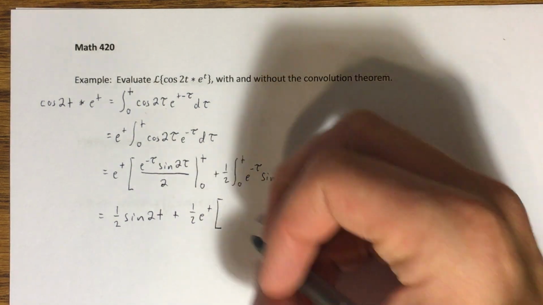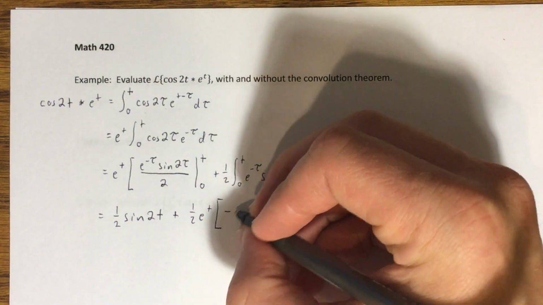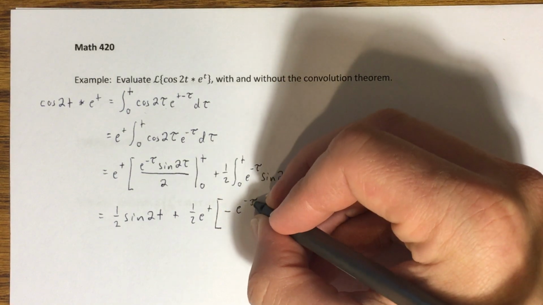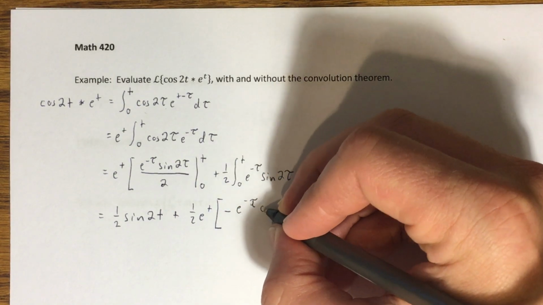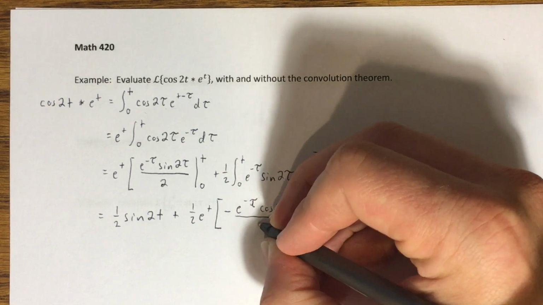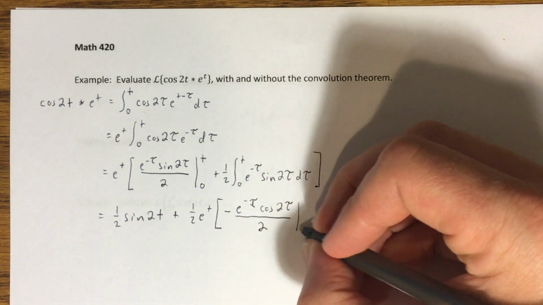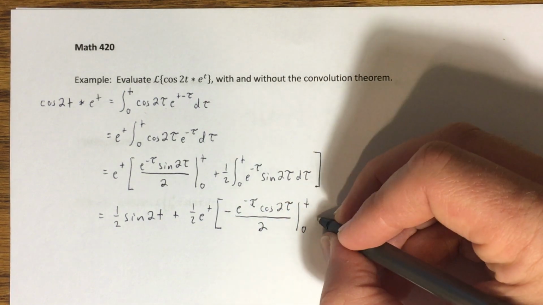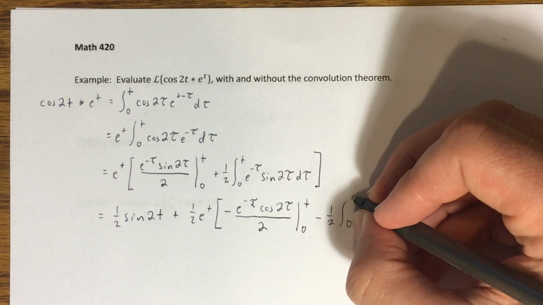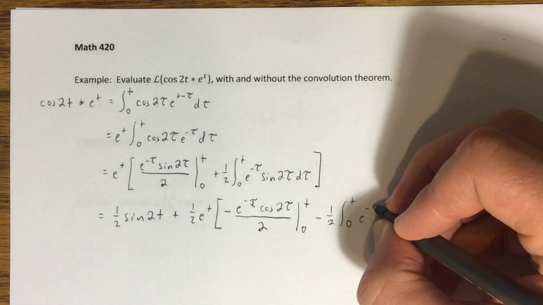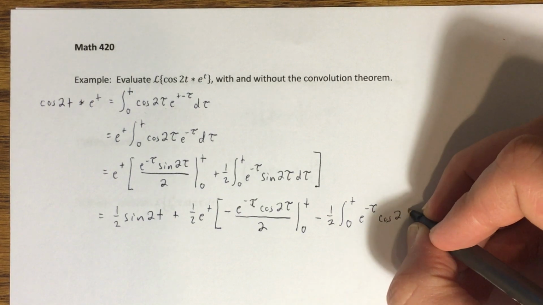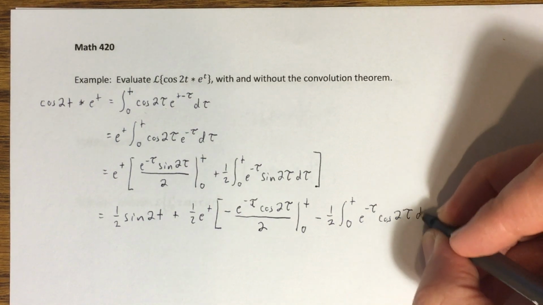So in this case, what we end up with is negative e to the negative tau cosine of 2 tau over 2, once again evaluated from 0 to t, minus 1/2 integral from 0 to t of e to the negative tau cosine of 2 tau d tau.